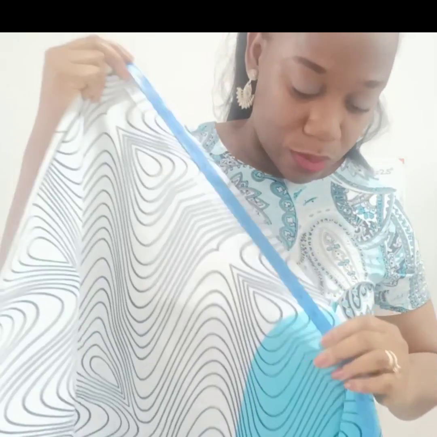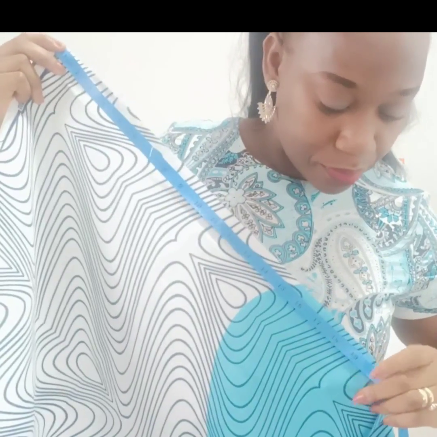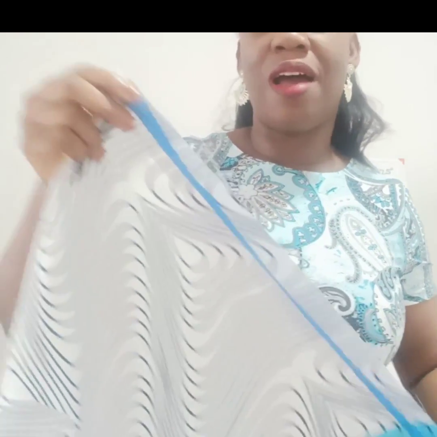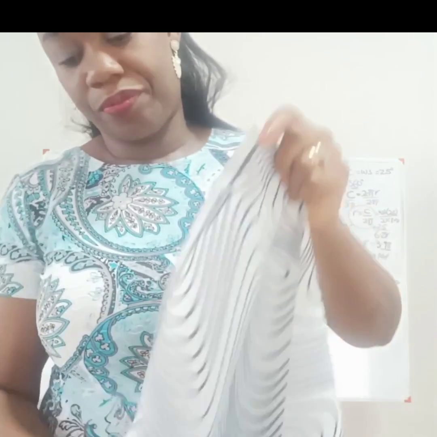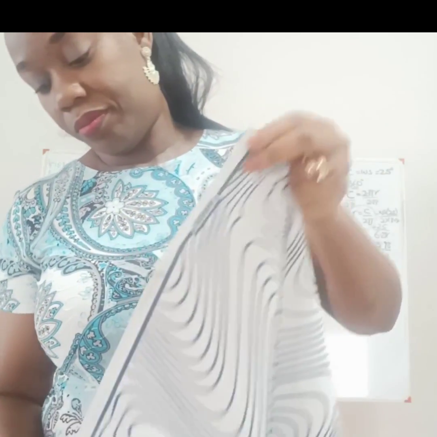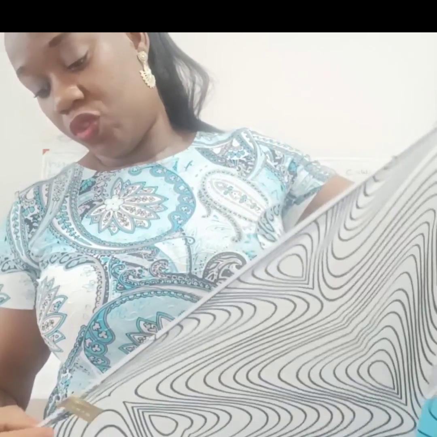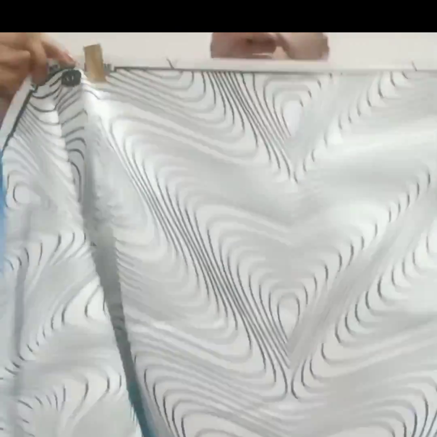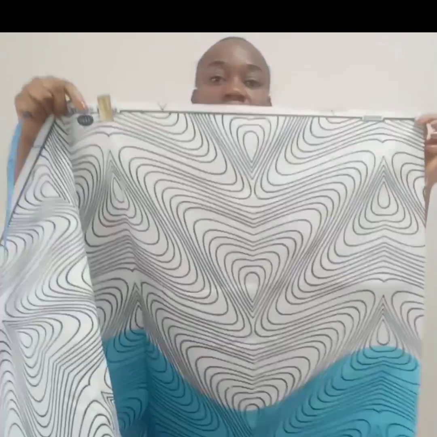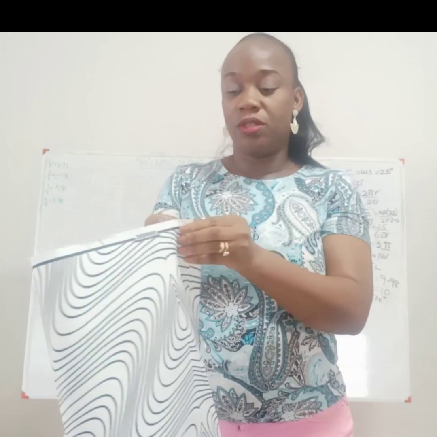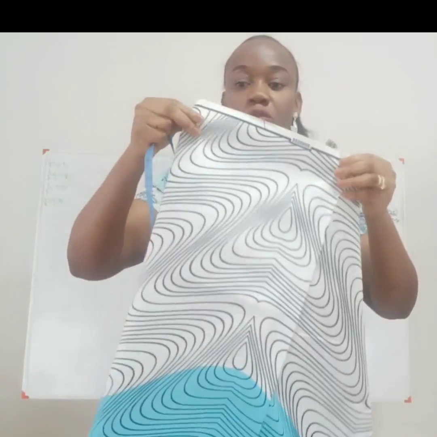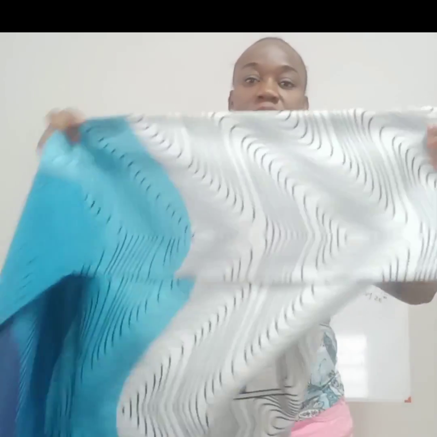Then you also measure 20 on this side, and then you're going to have a square. So if you measure 20 by 20, you're going to have something like this. You now fold it into 2 first, and then you fold again into 4.